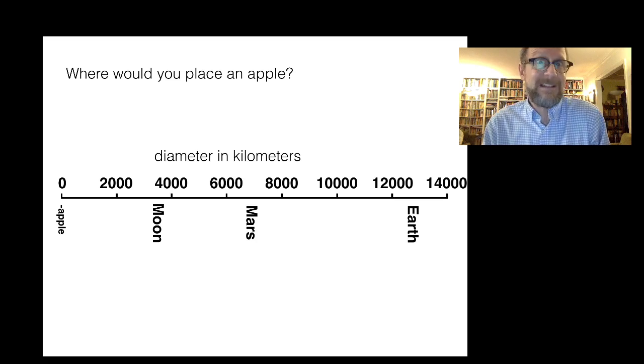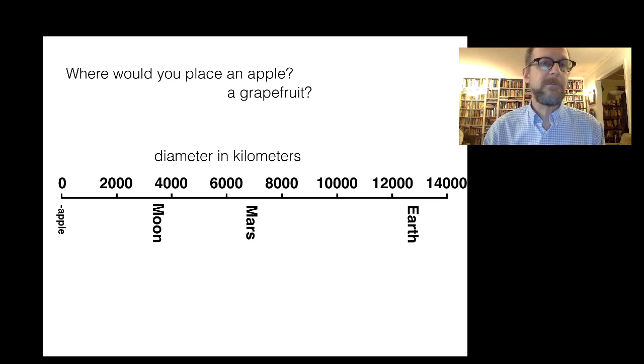Is it technically exactly 0? No, but the diameter of an apple measured in kilometers is going to be a number very, very close to 0. And a grapefruit, where's that going to go? Well, it's going to go right there. And a raisin is going to go right there. So they're going to be right on top of each other. So it doesn't really work.